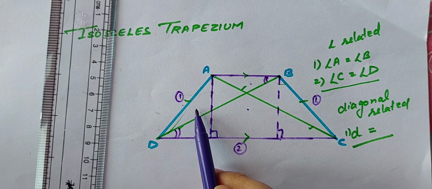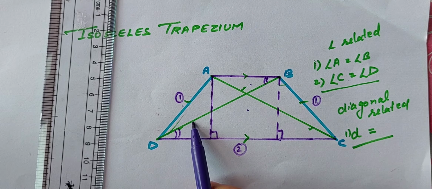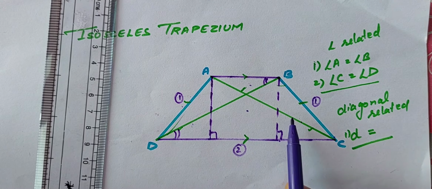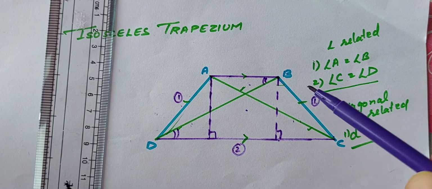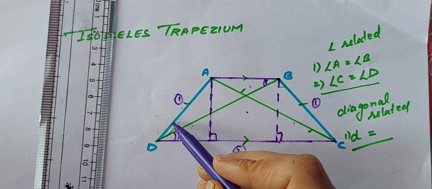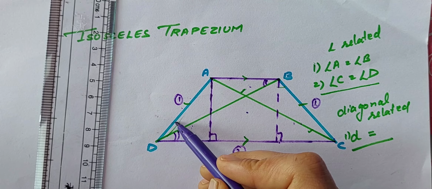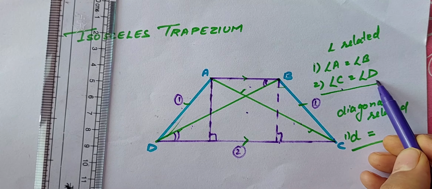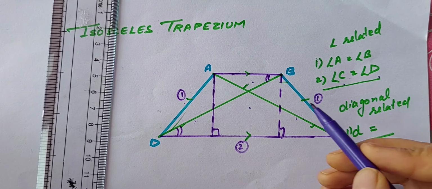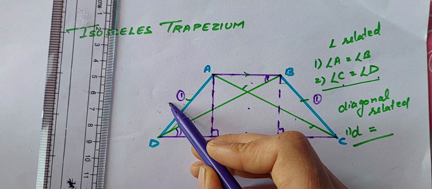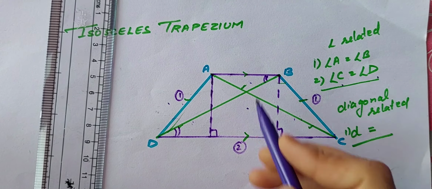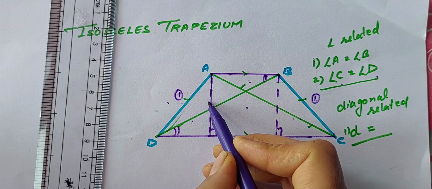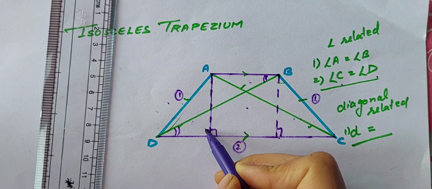Now if you see these two triangles here, in these two triangles we have angle C and angle D, this full angle D. So we can actually prove these two equal, because we have one equality, and here we have 90 degrees.